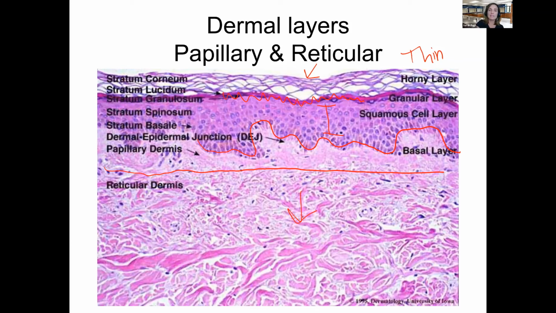So again, remember, this is areolar. It's a loose connective tissue. It is great for having white blood cells being able to move around and patrol. Everything down in the reticular layer is dense, irregular connective tissue. Okay, you can see all those collagen fibers in a hodgepodge.